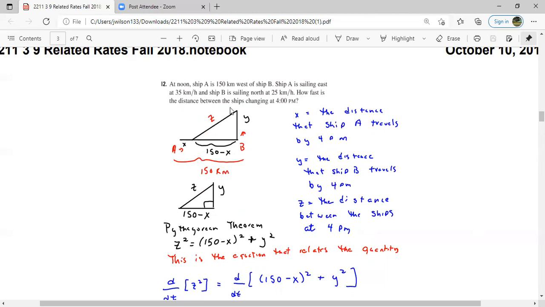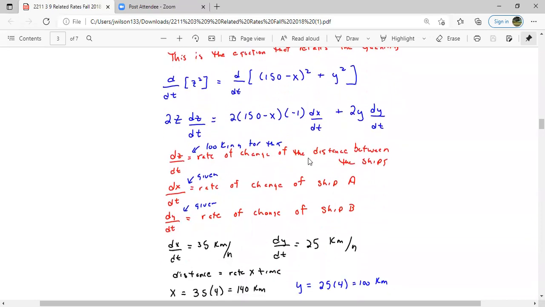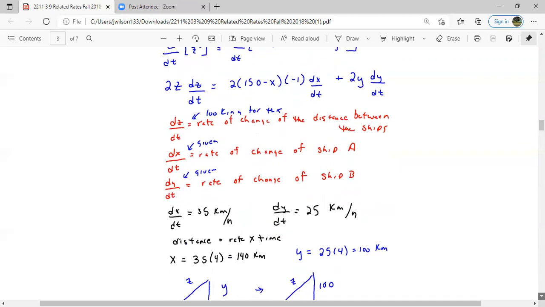And it's a good idea to figure out which one am I looking for? I'm looking for dz dt. And I was given dx dt and dy dt. I didn't write them up at the top, but I wrote them down here. And then I have enough information to find x, y, and z. And so when I substitute everything in, I can solve for dz dt.